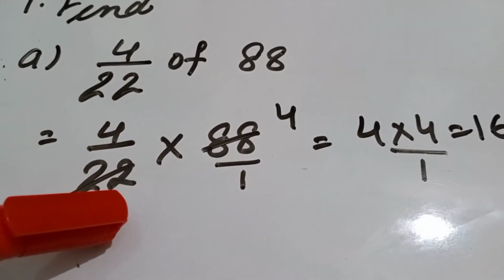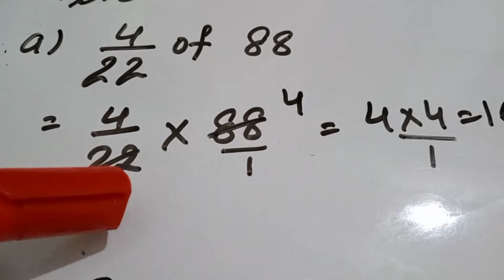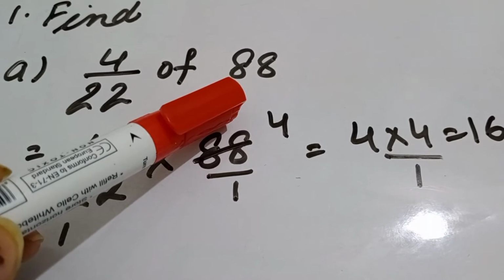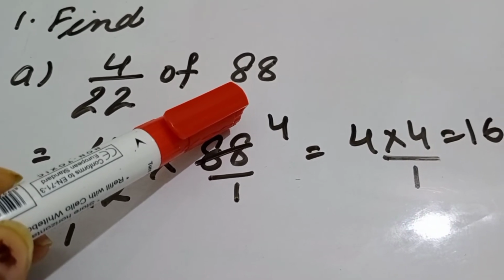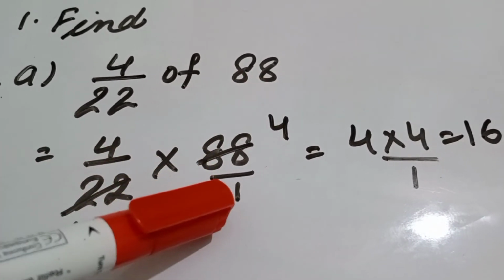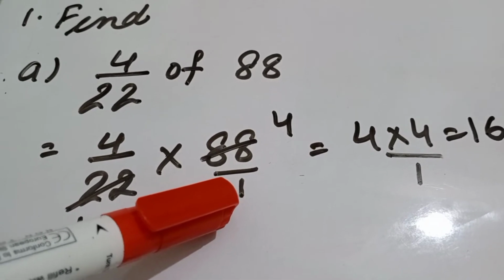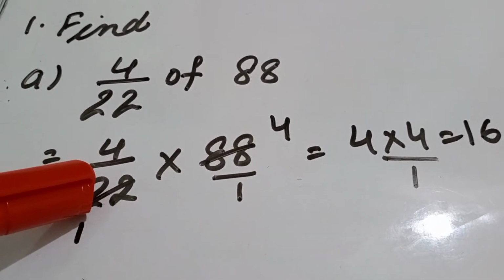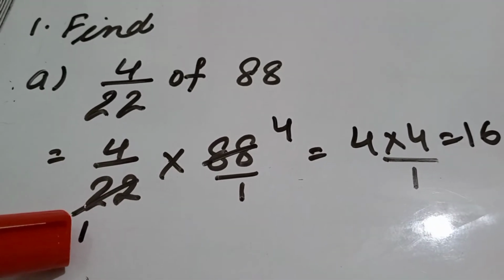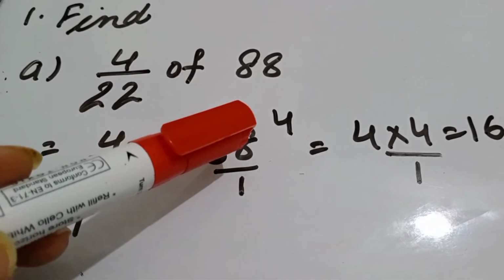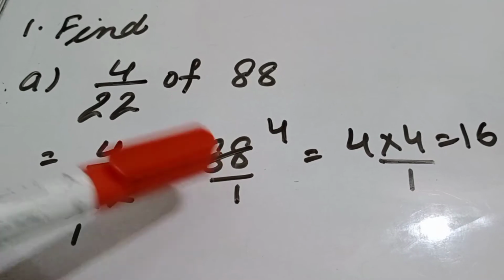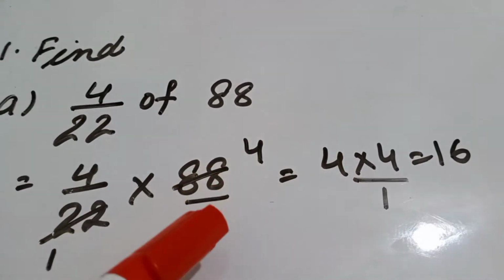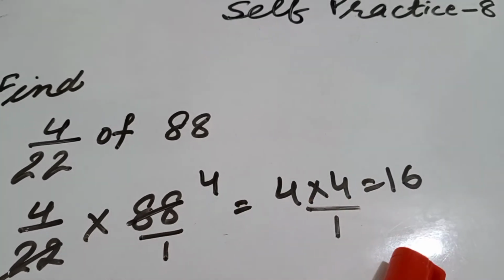So you all know the tables, or you can simply divide. We usually keep 1 as the denominator for a whole number. So 22 times 1 is 22, 22 times 4 is 88. So we have 4 into 4 as the numerator and 1 as the denominator, so 16.